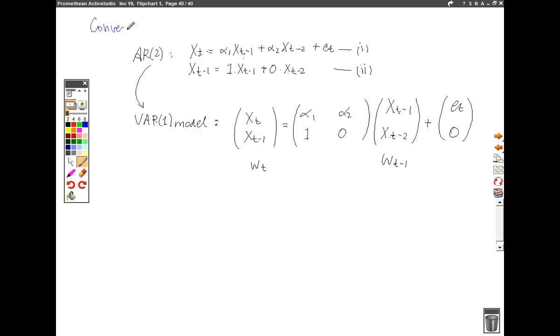So this is all about converting an AR process of order P into a VAR1. So now let us say I give you an AR3 model. Can you guys try to write a VAR1 model for that?